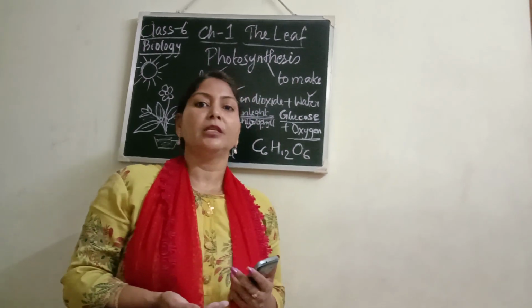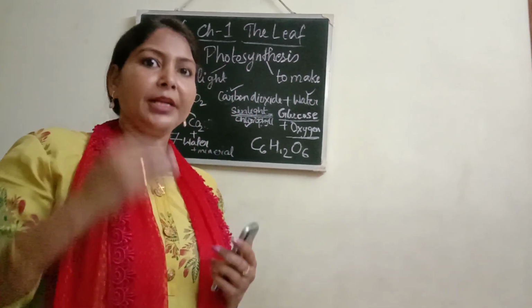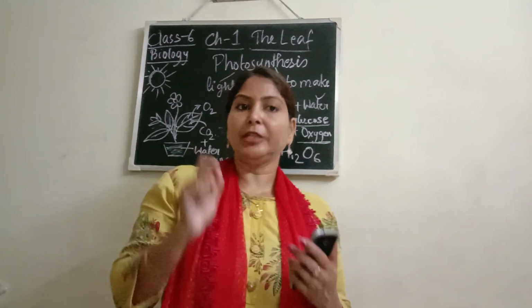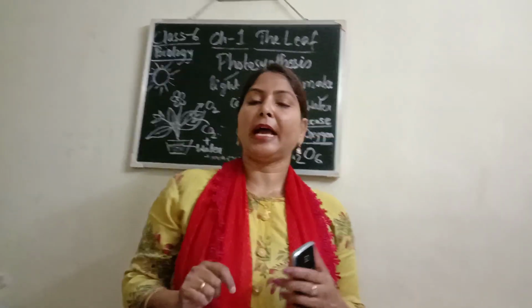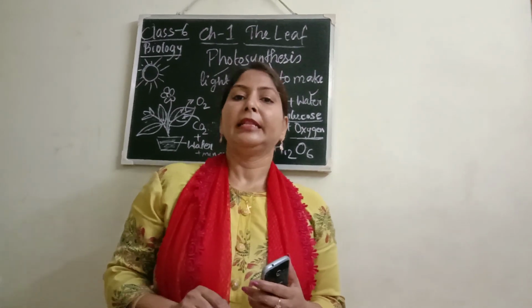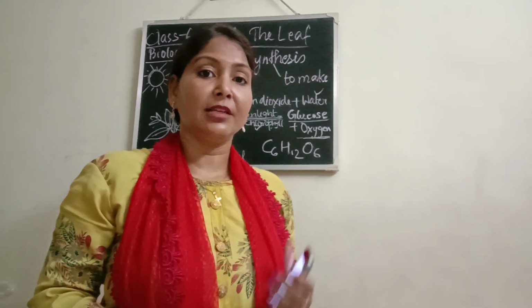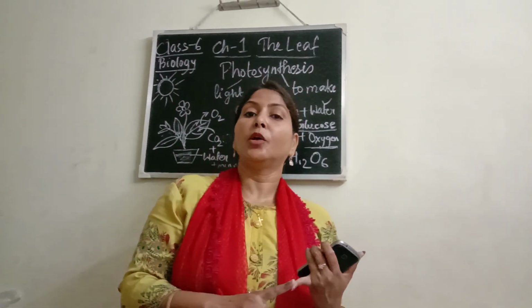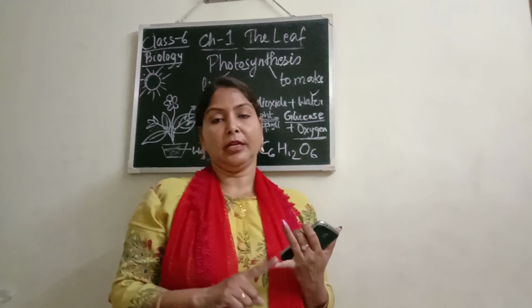What you can do is read this topic, and I will also send a few questions based on the topic I have explained today. Just as an example, what are the different functions of leaves, and what are the essential requirements of the plant for photosynthesis.